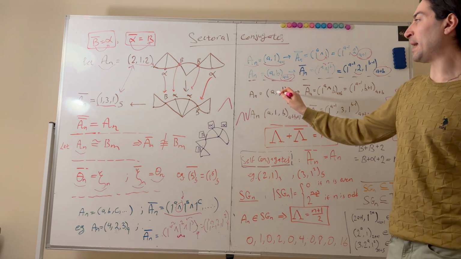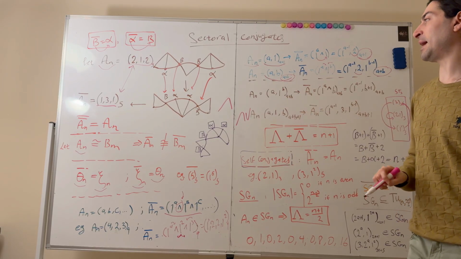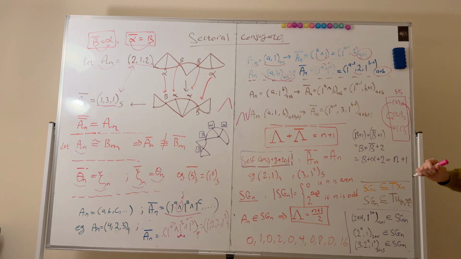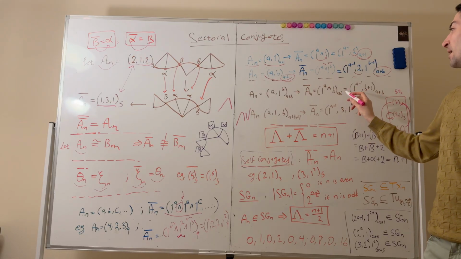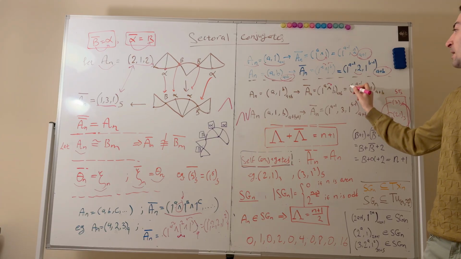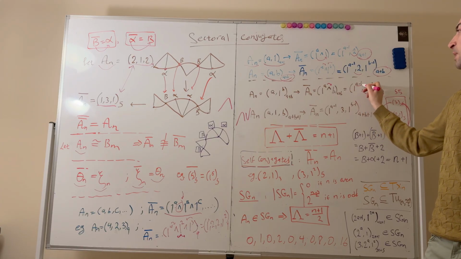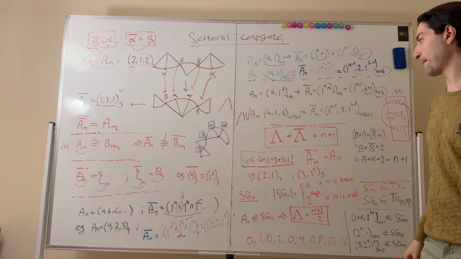What about a 1 to the b, a plus b? So the conjugate here will be 1 to the a continuous with b. We take 1 sector from here, it becomes b plus 1, and this is 1 to the a minus 1. We add those up, it's still the same.